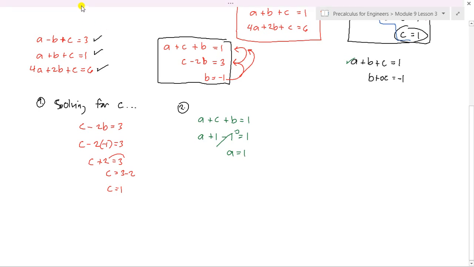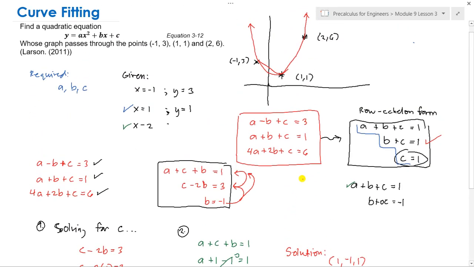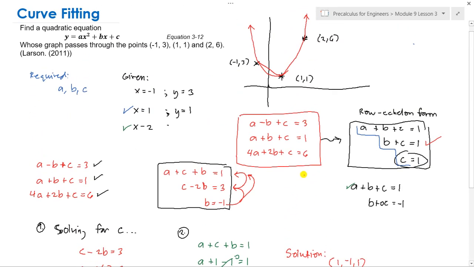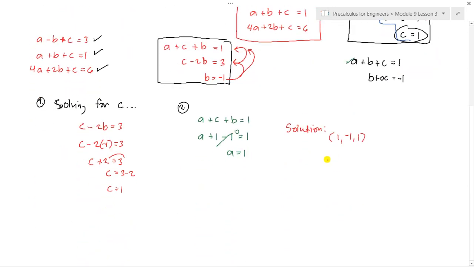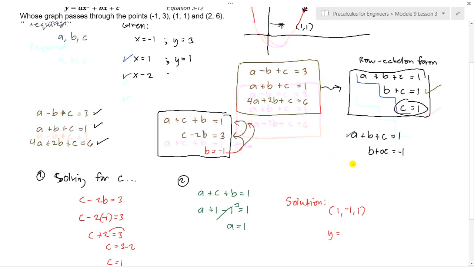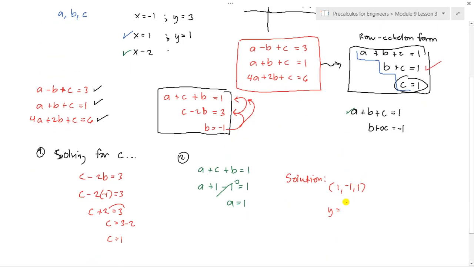So therefore, our solution here is: starting with a that is 1, b is negative 1, and c is 1. And the general equation that will fit this data, these three points, is the quadratic equation y is equal to ax squared plus bx plus c.